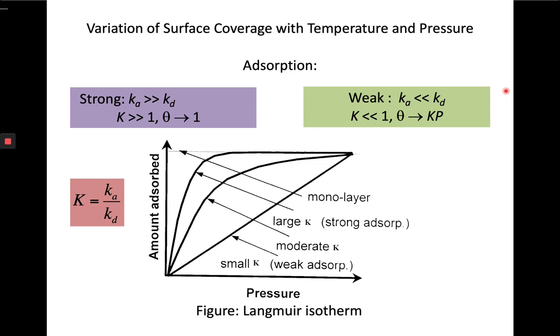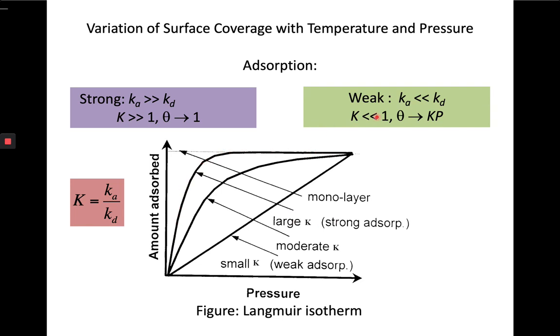Now let's see the variation of surface coverage with the equilibrium constant K. For a strong adsorption, Ka is greater than Kd. Then K, the capital K, is greater than 1 and theta equals 1. As shown in this figure, for a strong adsorption, the curve quickly achieves a plateau with increased pressure.